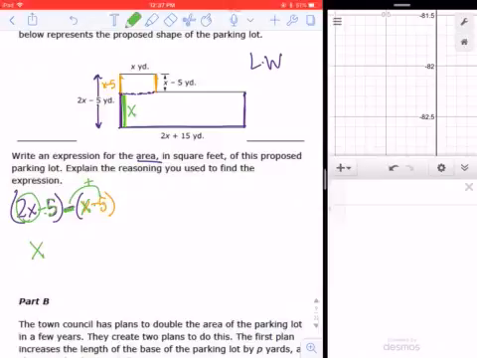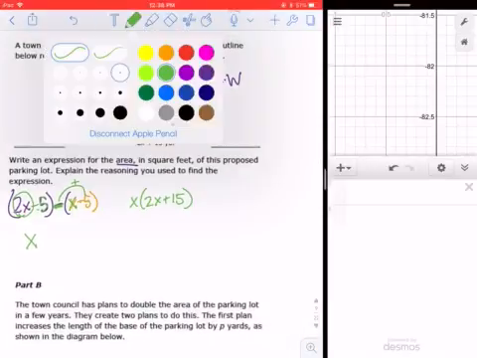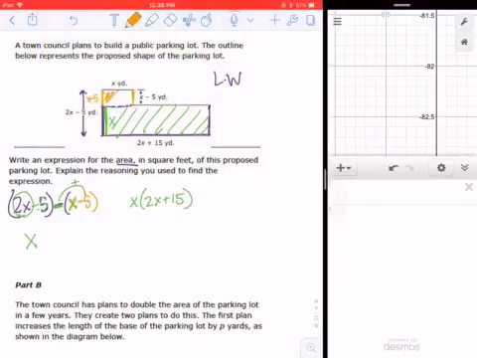If I'm going to figure out the green area, I would do x times 2x plus 15. And to find the orange area, this part up here, I would do x times x minus 5. Once I find those two areas, I can add them together.